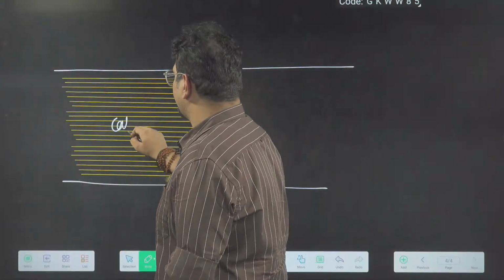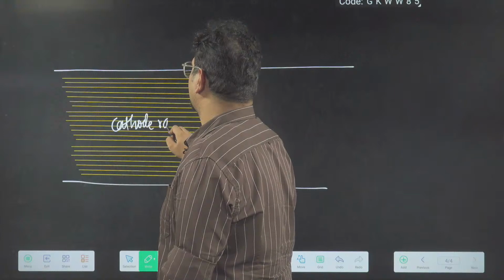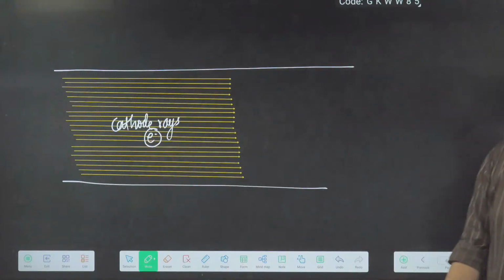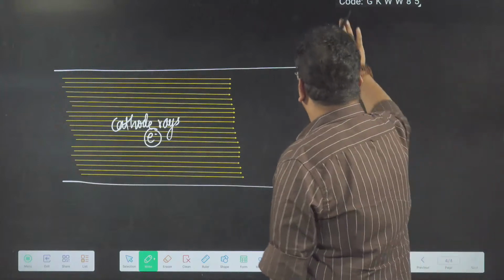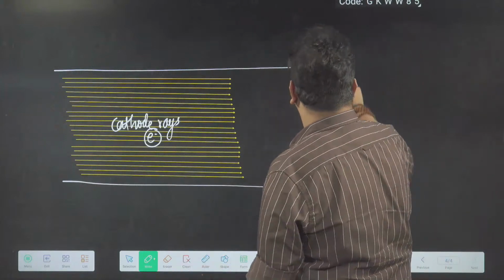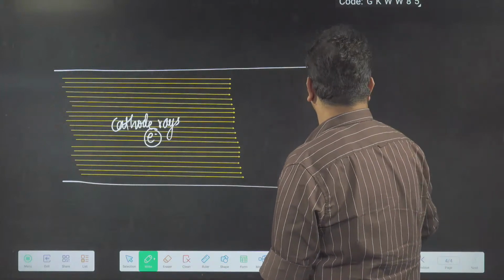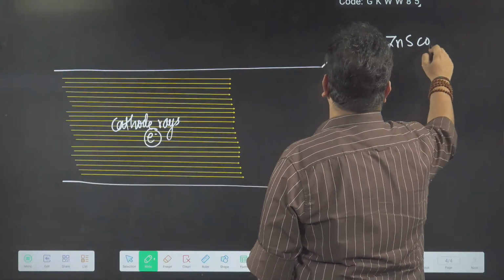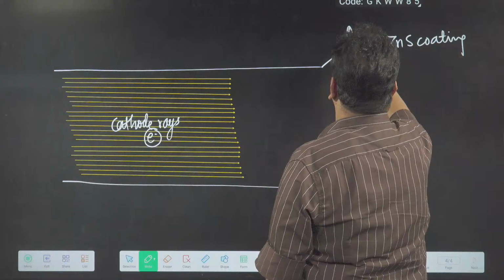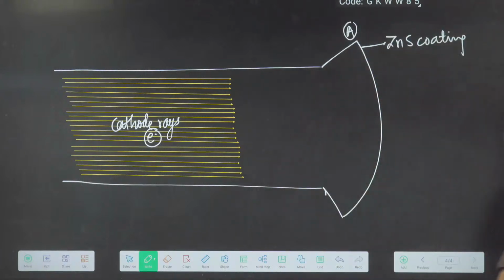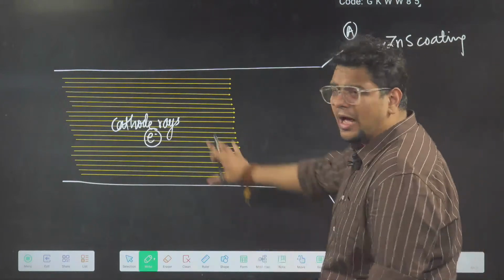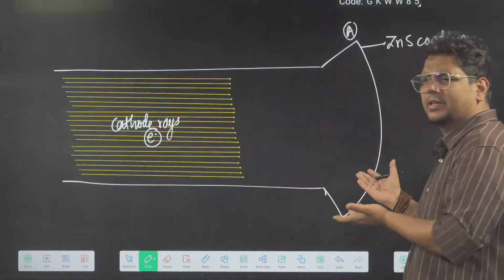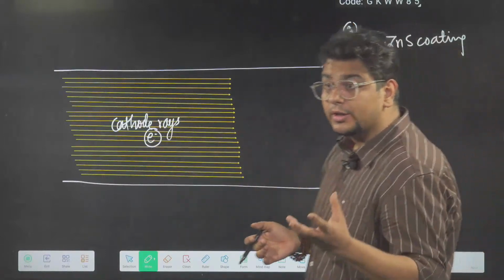They are negatively charged, electrons, obviously. Let us say this side we have a zinc sulfide coating, and the anode is on this side. Cathode rays go towards the anode, that is what we know very well. Negatively charged particles run towards positive. To observe that we have the ZnS coating.